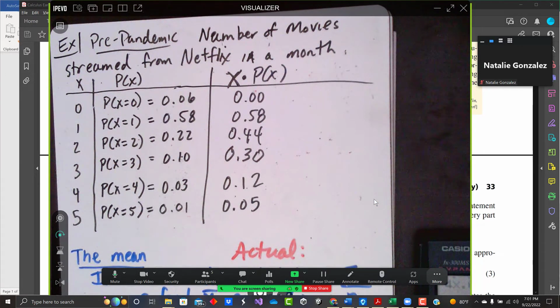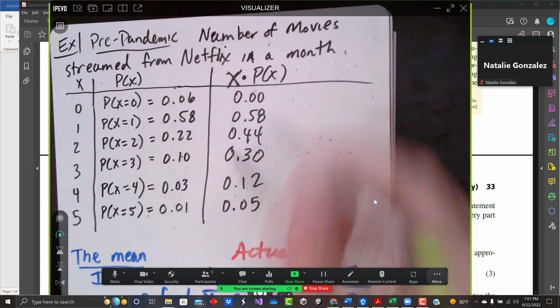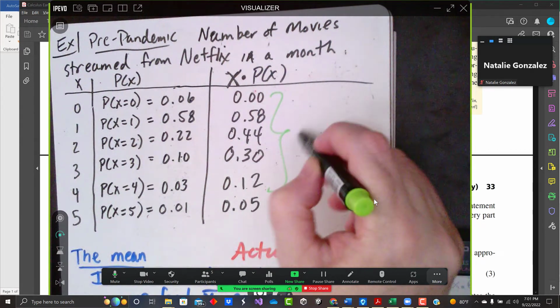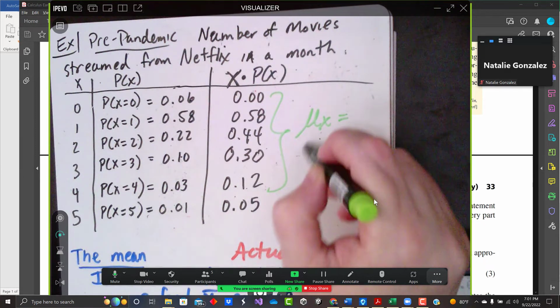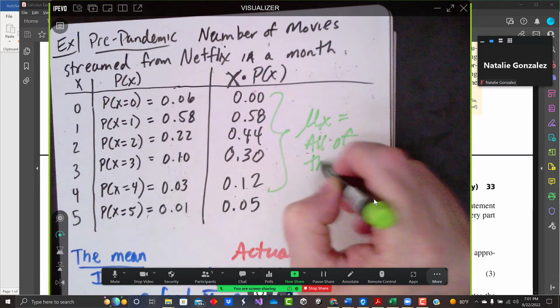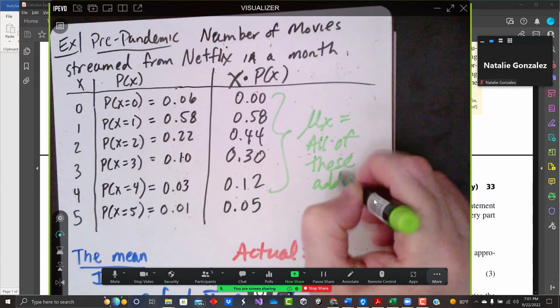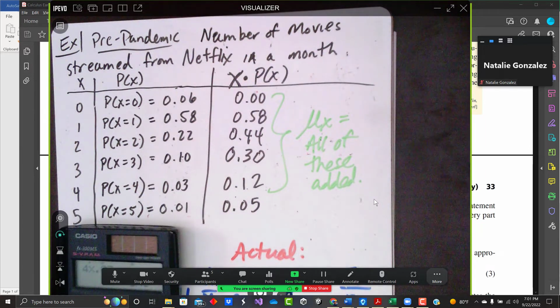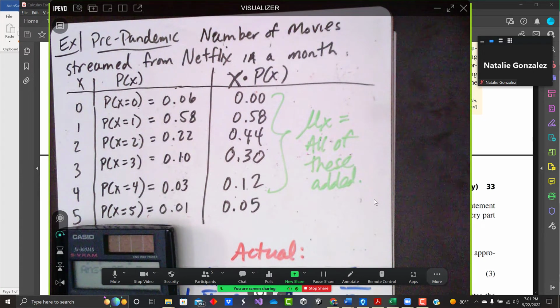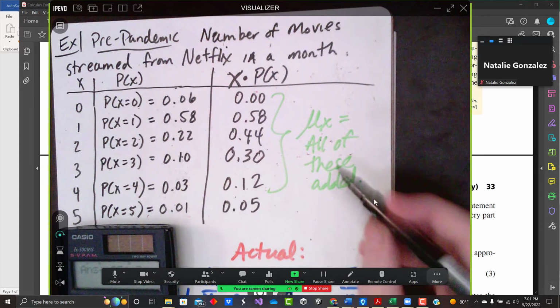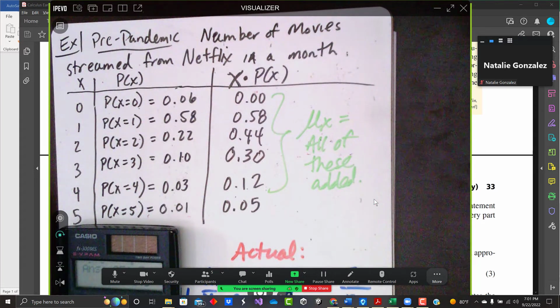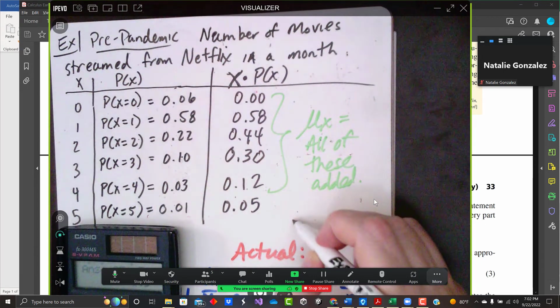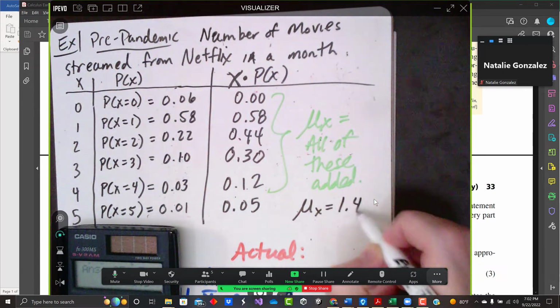Now, if I want to find the sum, I am going to add all these up. Mu of x equals all of these added. And I am getting mu of x equals 1.49.